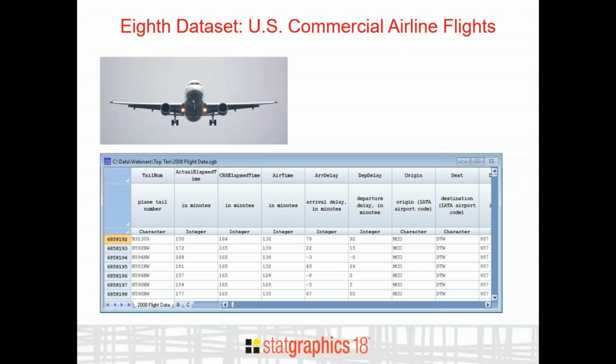Most of the data sets we've seen up until this point have been a few hundred, maybe up to 1,000 rows. This particular data set is larger. It's up around 7 million rows, one for every commercial flight in the U.S.